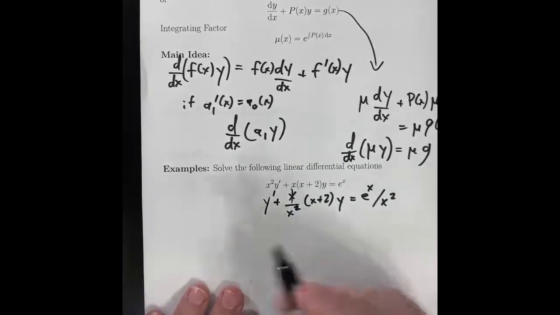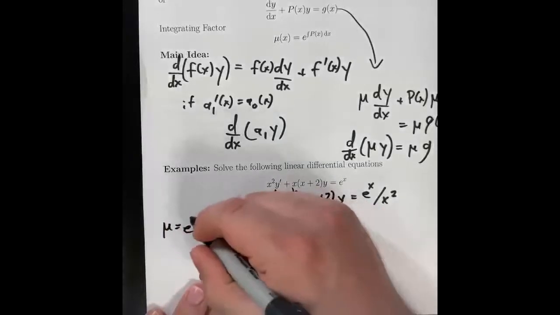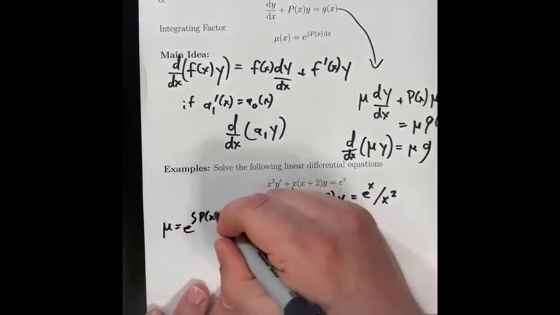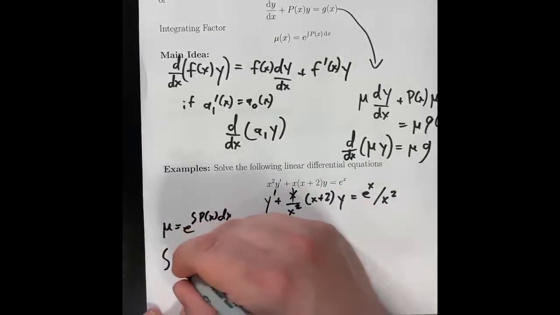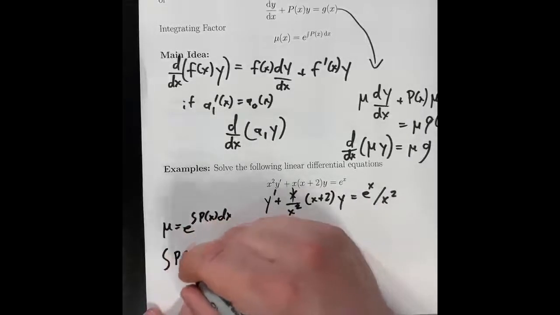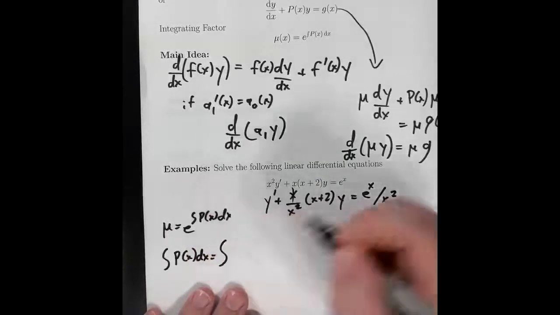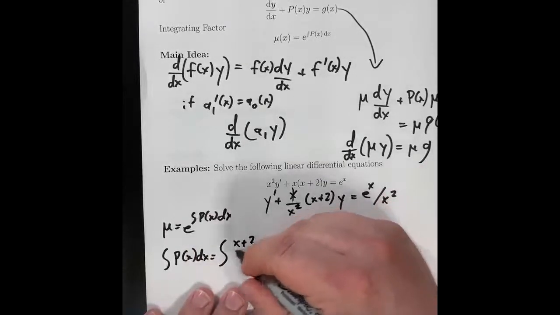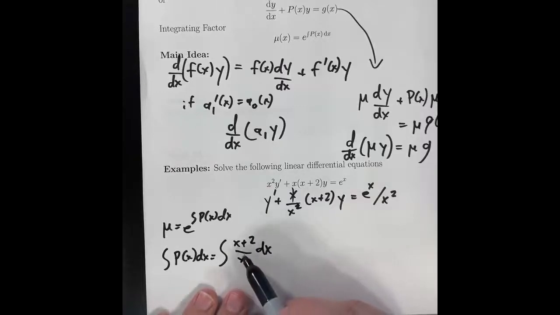And so our integrating factor, mu, is e to the antiderivative of p. I like to do this in steps. So first, let's find the antiderivative of p with respect to x. That becomes the antiderivative of x plus 2 over x dx. This is not exactly what we can do directly, but we realize there's only a single thing in the denominator, so we can split this into two fractions.